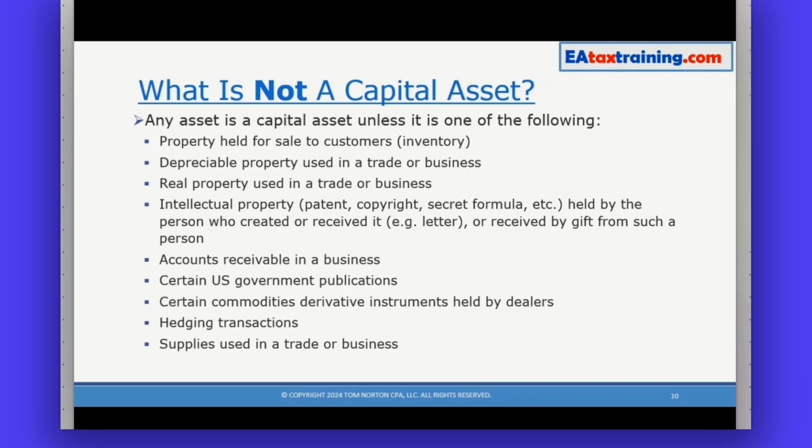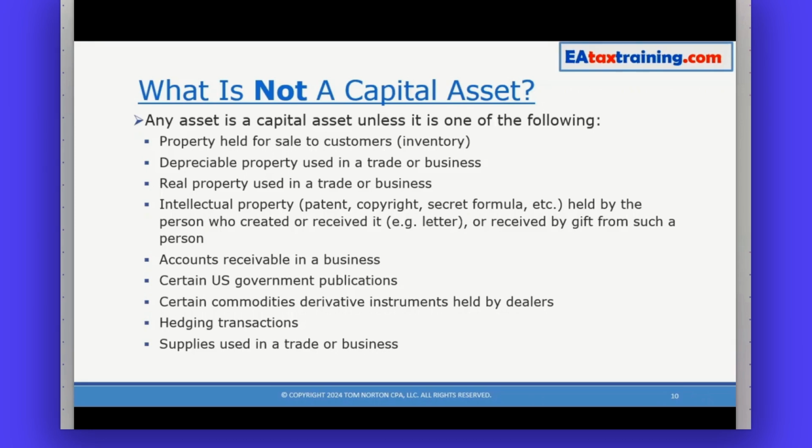Okay. Next on the list is accounts receivable in a business. So this is the amount that customers owe a business. That's accounts receivable, not capital asset. Certain U.S. government publications, this is kind of the oddball on the list, and you don't need to worry about which government publications for purposes of the exam. Just know it's on the list. Certain U.S. government publications, not a capital asset.